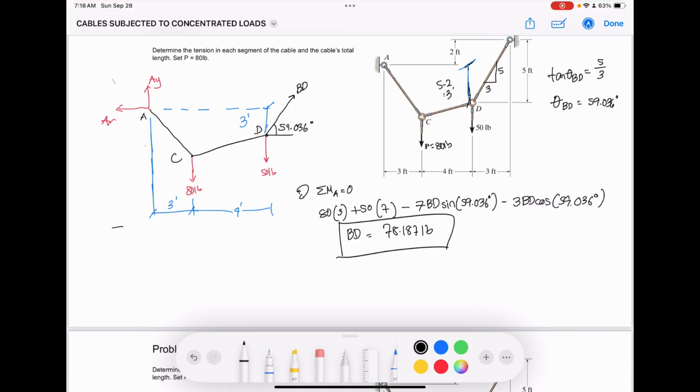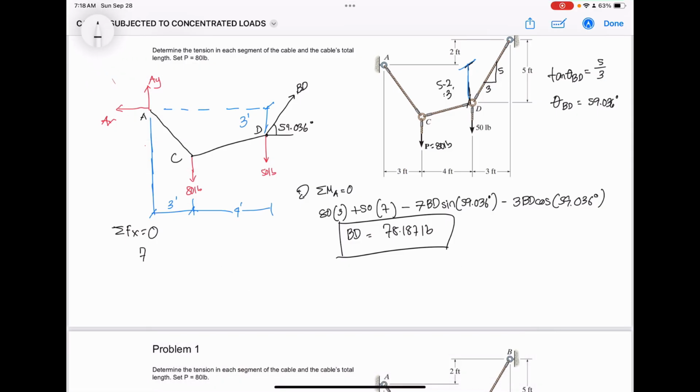Summation of forces X equals 0. 78.187 cosine 59.036 minus AX equals 0. AX is 40.227 pounds.